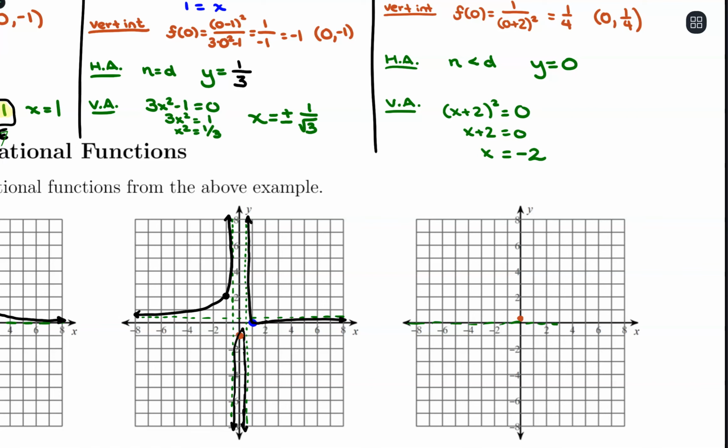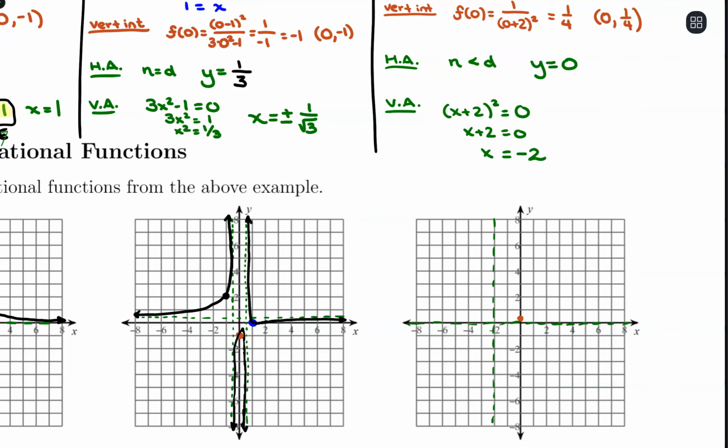So there's our long run behavior. And then a vertical asymptote at x = −2. So I'm going to have a vertical line at x = −2 that we cannot cross. So this one, I have two asymptotes and one coordinate. So not a lot of information.